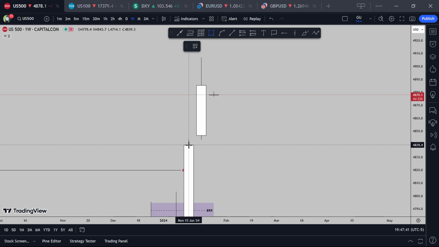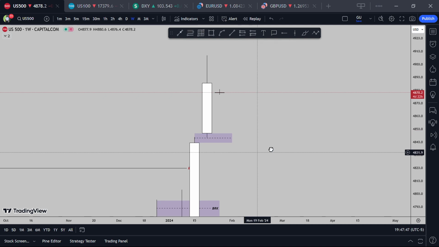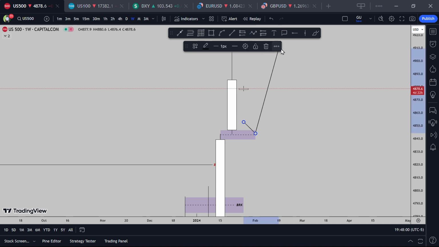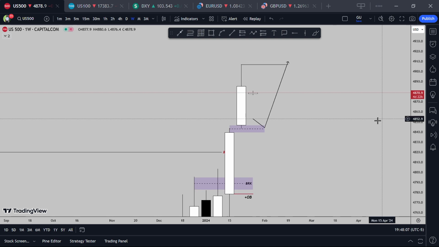You can see this volume imbalance on the weekly chart right here. So I would like to see a dip into the volume imbalance that we see here to create the low of the week and start going higher to attack previous week's high. Very simple. That's my bias.